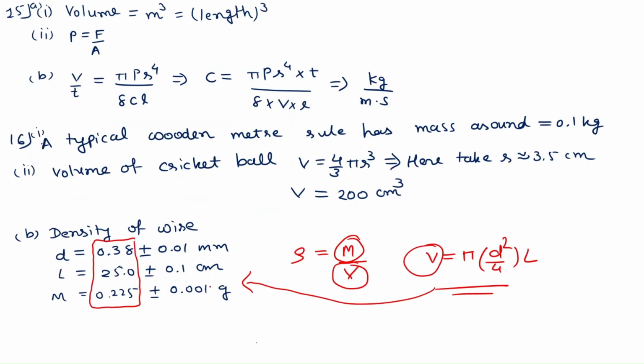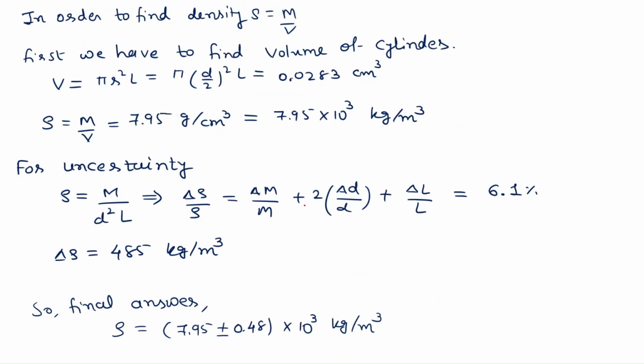Delta M means this value, delta L means this value, and delta D means this value. You also know the values of D, L, and M. Put these values in and you get 6.1. To find delta rho, we know the rho, so multiply by these two values and you get 485 kilogram per meter cube. This is the uncertainty.